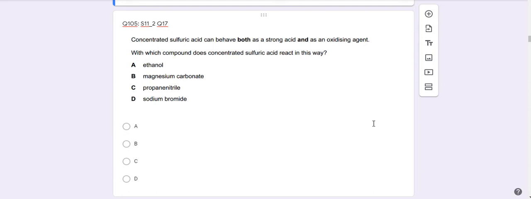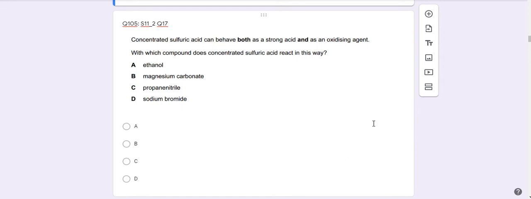Concentrated sulfuric acid actually is a very useful chemical. It can function in a lot of roles in many different reactions. In this case, they only want to talk about concentrated sulfuric acid as a strong acid and also an oxidizing agent, and how it reacts in this way, and in which reaction.